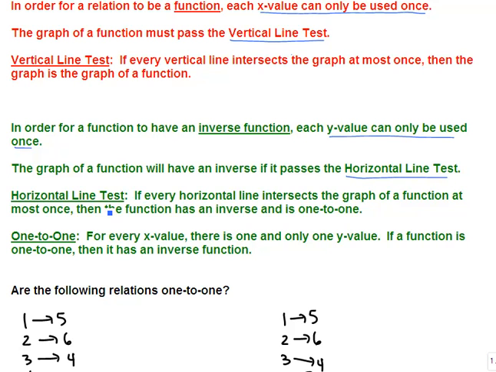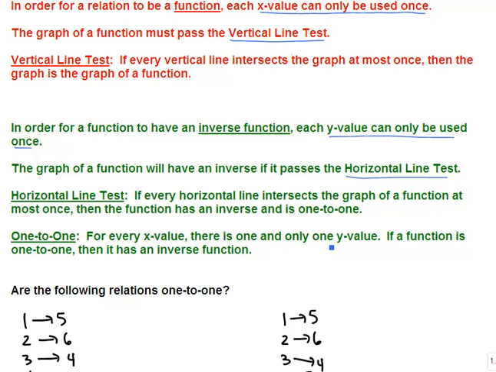The horizontal line test says if you look at a graph and every horizontal line intersects the graph of the function at most once, then the function will have an inverse, and it's called 1-to-1. 1-to-1 means that for every x value, there is one and only one y value.